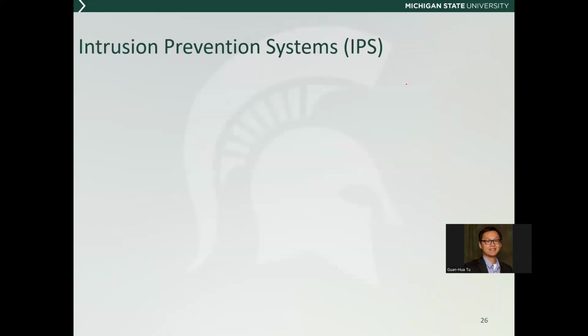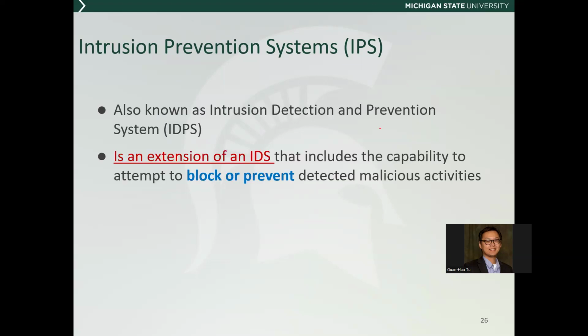Okay, so the next is intrusion prevention system. This IPS is similar to the IDS. IDS is an intrusion detection system. The only difference is the IPS can block or prevent detected malicious activities.